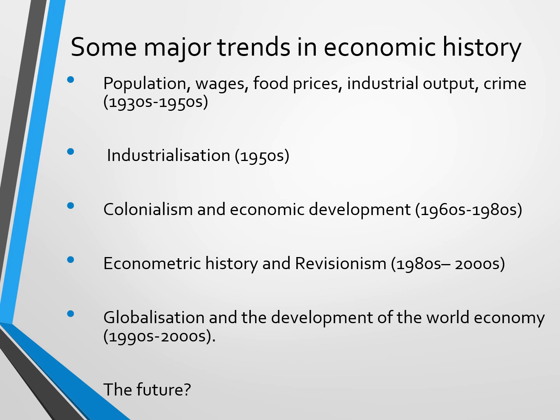Now, reflecting the content of this lecture, you can see some major trends in economic history over the last century here. From the 1930s to the 1950s, we were interested in population, wages, food prices, industrial output, and crime.